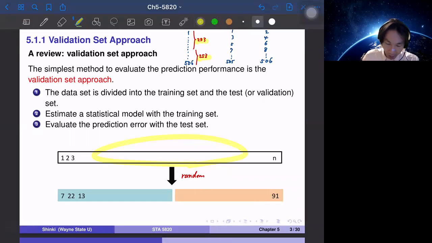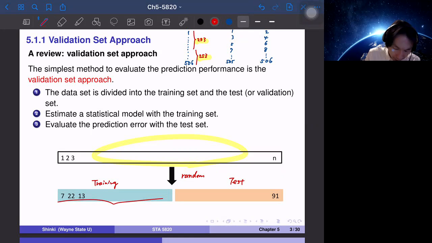So the point is that we make a training set and a test set, and we estimate the model from the training set. Suppose the training set includes the variables x and y, then we estimate y equal to beta naught hat plus beta 1 hat x from the training set.